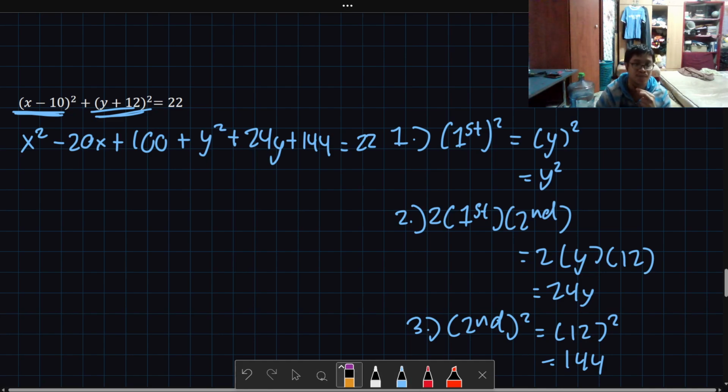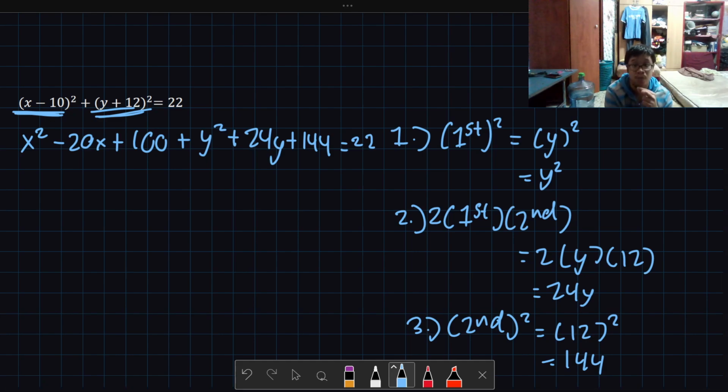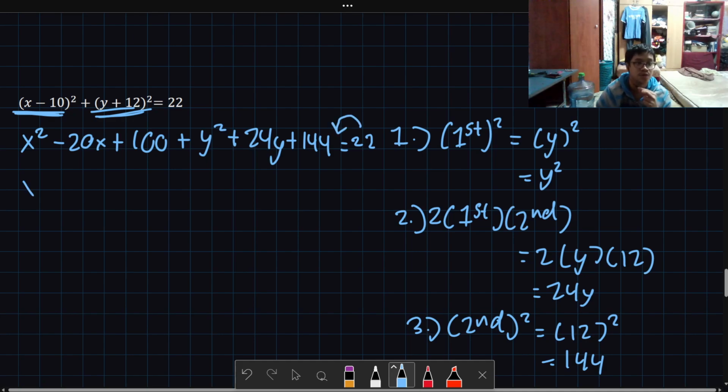Everything is expanded; there's no parenthesis. So what are we going to do now? Now we group the constant term, which is 22, to the left. As a result, we have x squared minus 20x plus 100 plus y squared plus 24y plus 144 minus 22 is equal to 0.